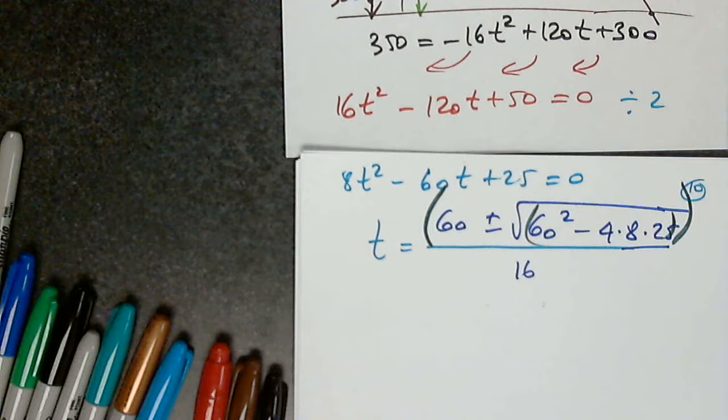Left parenthesis, 60 plus the square root of 60 squared minus 4 times 8 times 25. Close the parenthesis, close outside, and divide by 60. Perfect. And now do a second entry, and go exactly. And then you'll have both solutions in front of you.